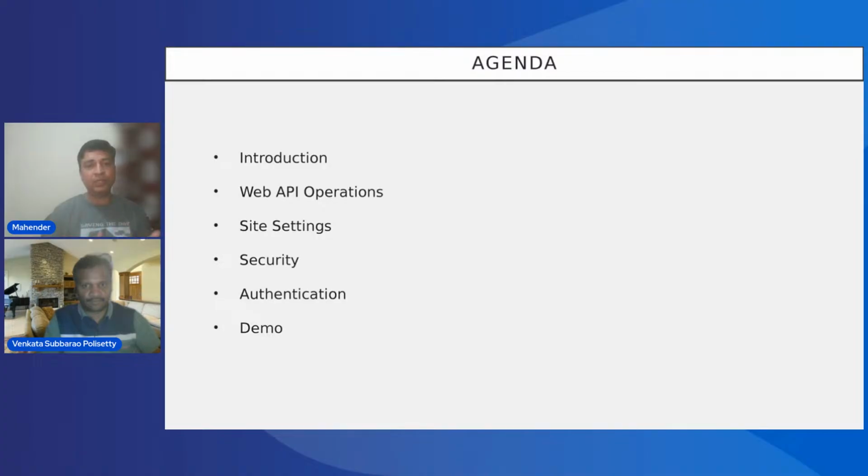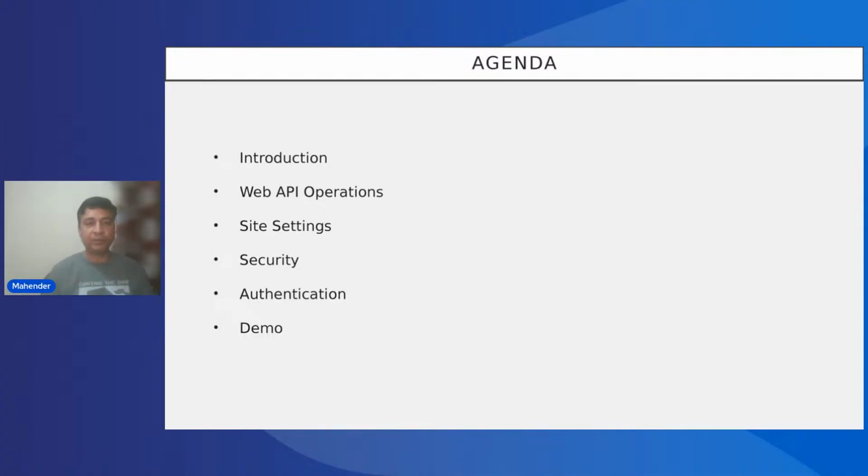Continuing on Power Pages, today we are going to talk about the Web API: how we can use the Web API in Power Pages, what its use is, and what functionality we can implement using it. This is the high-level agenda. We will start with the basic introduction. Then we will see the different operations we can use with the Web API in Power Pages.